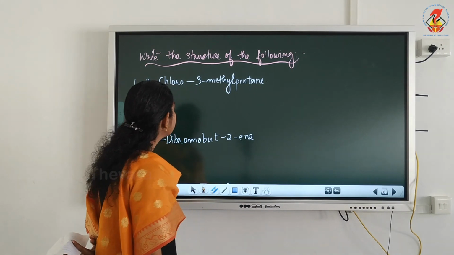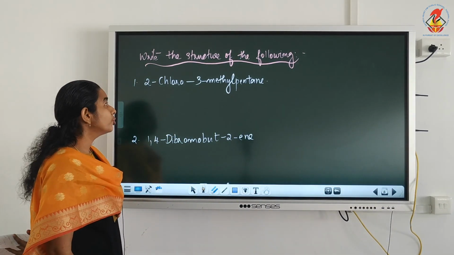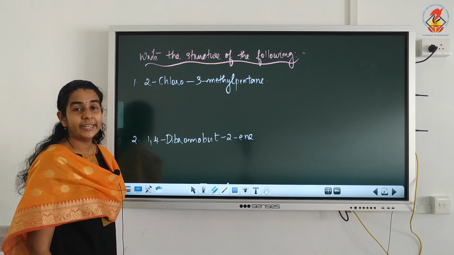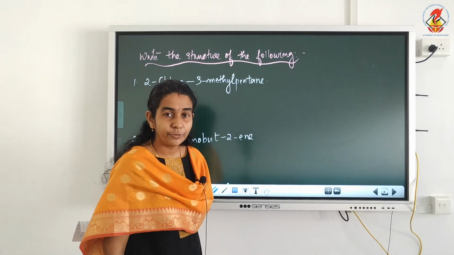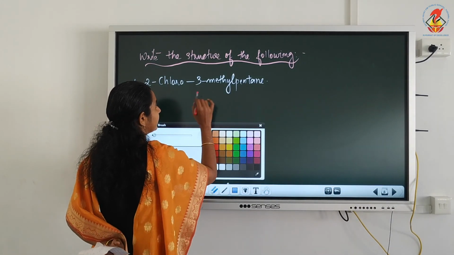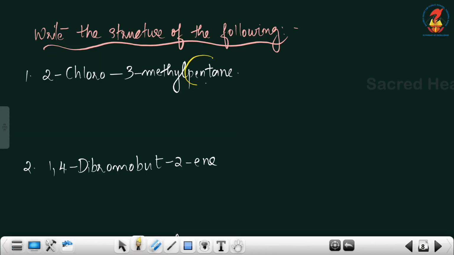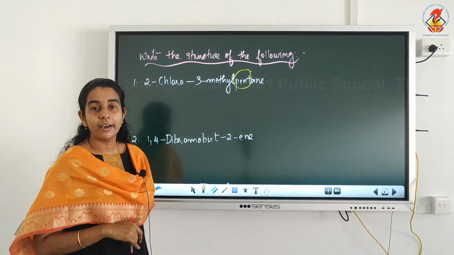Now, we will see a few examples of writing the structure of a compound. The first question is 2-chloro-3-methylpentane. From the given name, first we have to identify the word root. In this name, what is the word root? Yes, it is pent. So circle the word root first. After identifying the word root, what do we have to do? Draw the carbon atoms.